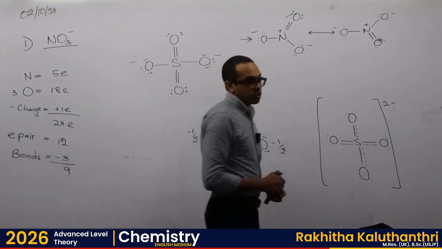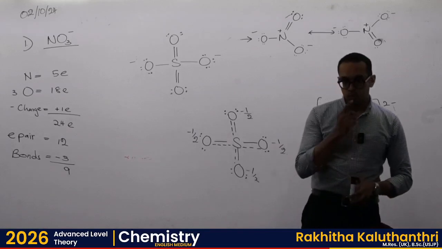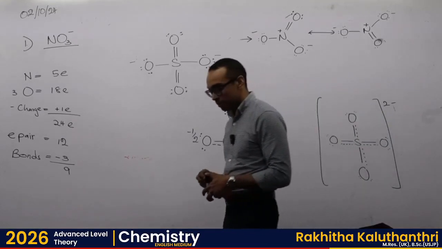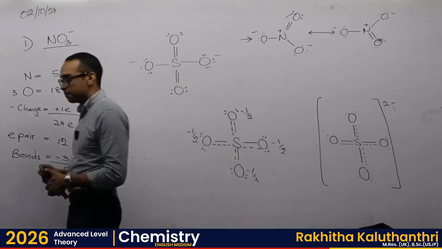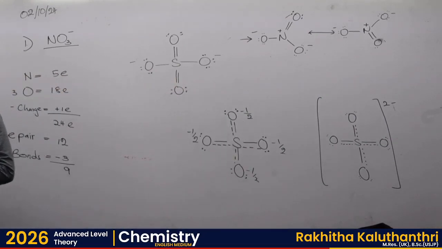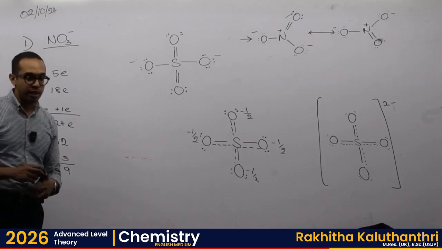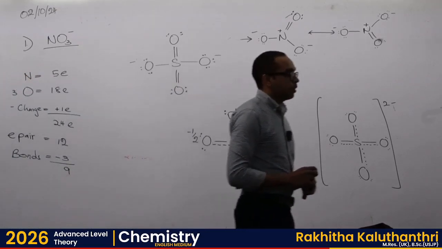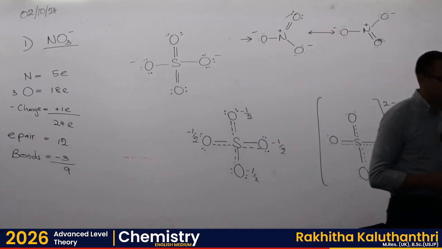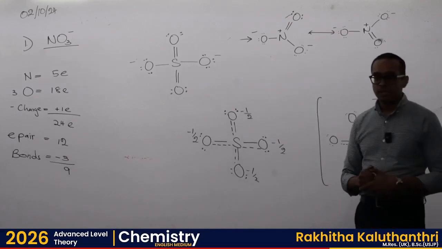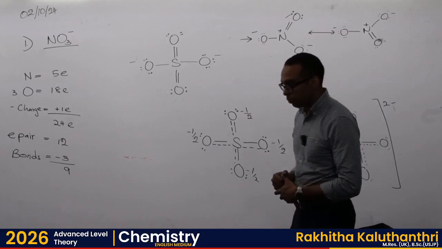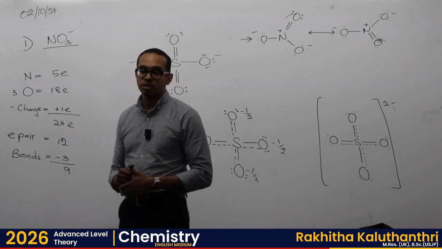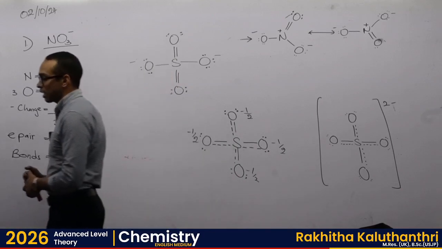Draw the Lewis structure of nitrous oxide, the formula is N2O. That's the first part. Draw the Lewis structure first. I'll give you the second part later.